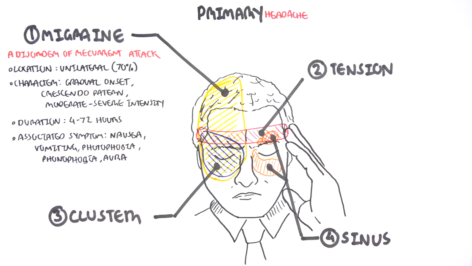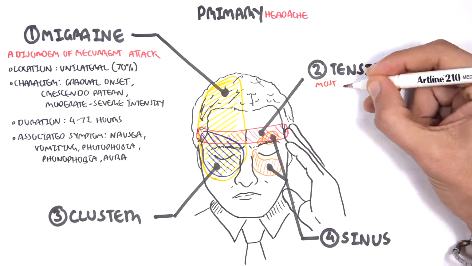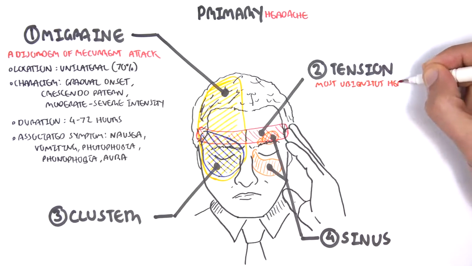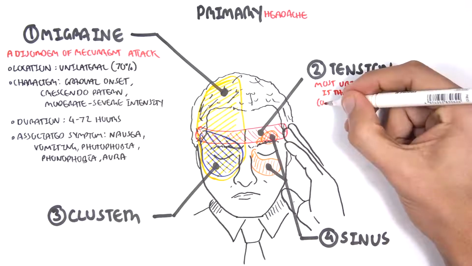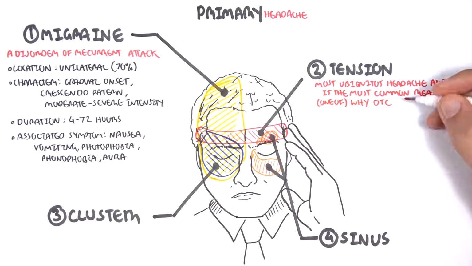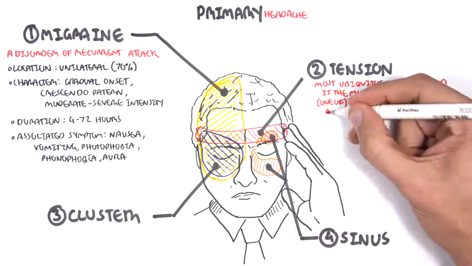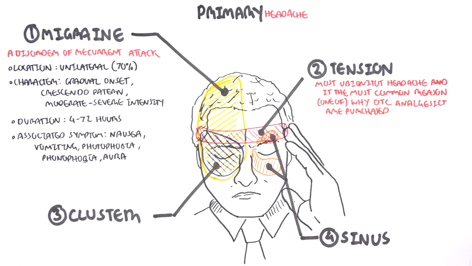Then you have the tension headache. Tension headache, you can think of it as being more muscular. It's the most ubiquitous headache and is the most common reason why over-the-counter analgesics are actually bought. This is the most common headache, essentially.